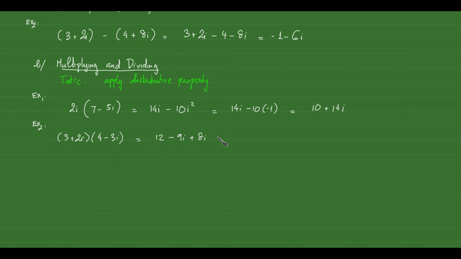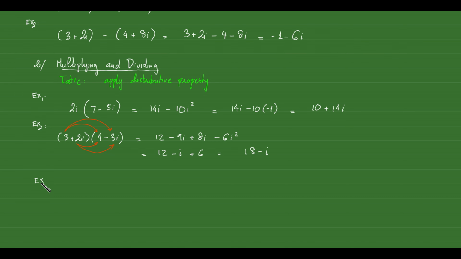And 2i times negative 3i gives negative 6i squared. i squared equals negative 1, and negative 1 times negative 6 gives positive 6. So 12 plus 6 is 18, minus i, which is another complex number. Basically, you just multiply this by this, this by this, this by that, and this by this.